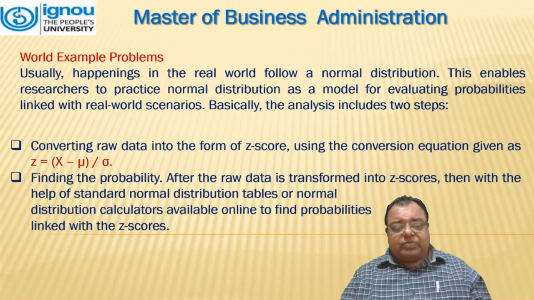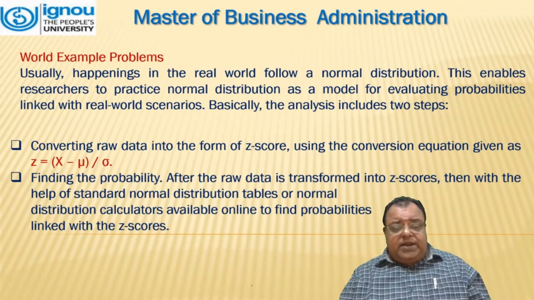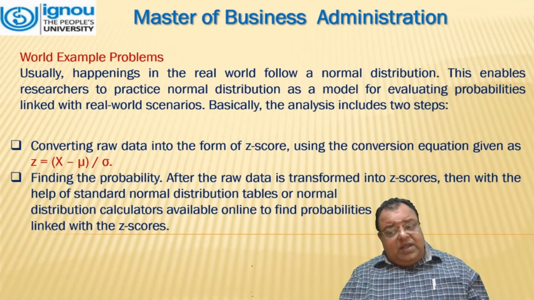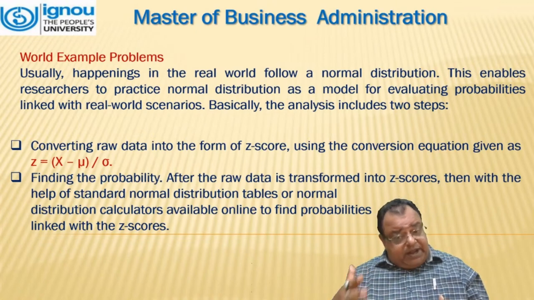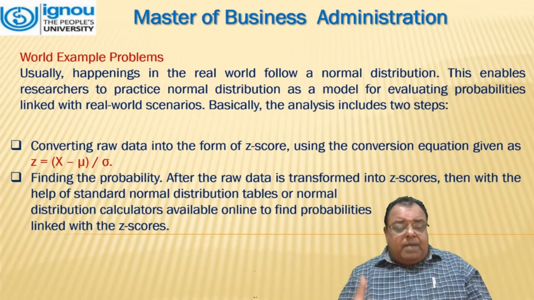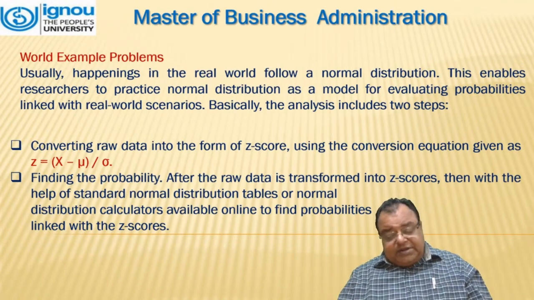Secondly, finding the probability after the raw data is transformed into a z-score, with the help of standard normal distribution tables or normal distribution calculators available online, to find probabilities linked with the z-score.